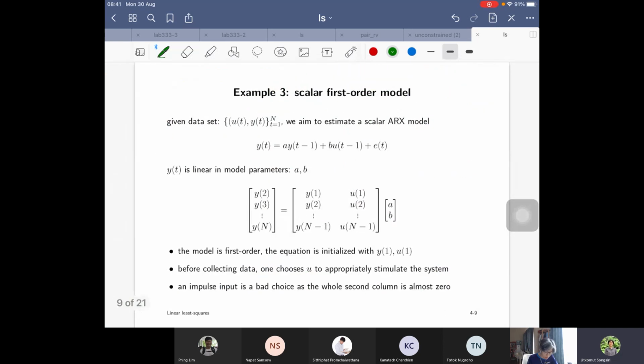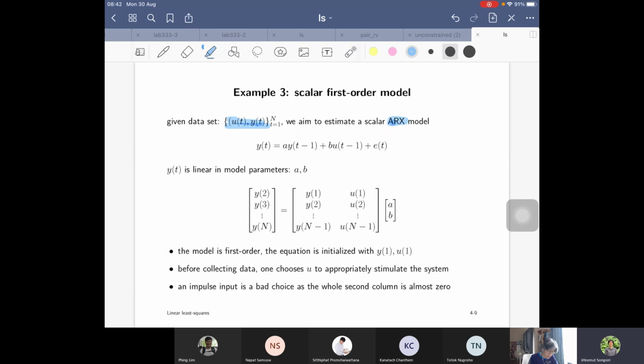The third example is very relevant to system identification. Now we have input, output data points, but now you have the question: I would like to estimate a dynamical model that is given by an autoregressive model with exogenous input, ARX.